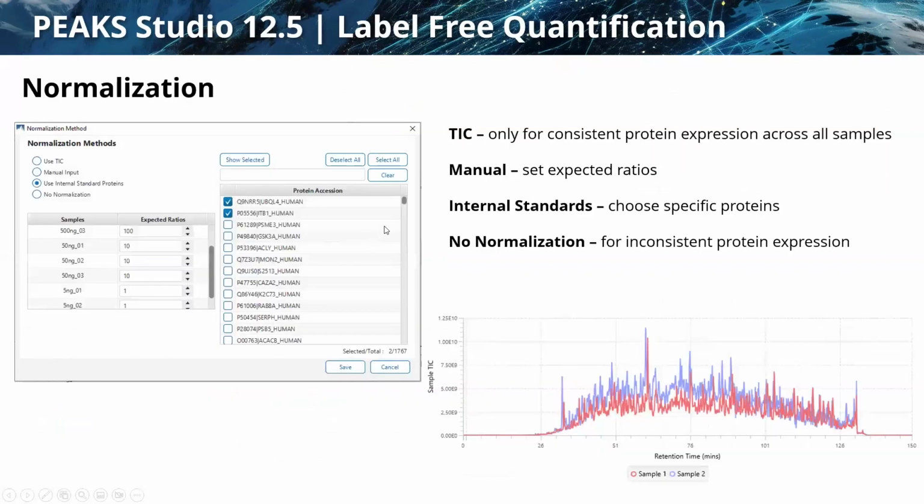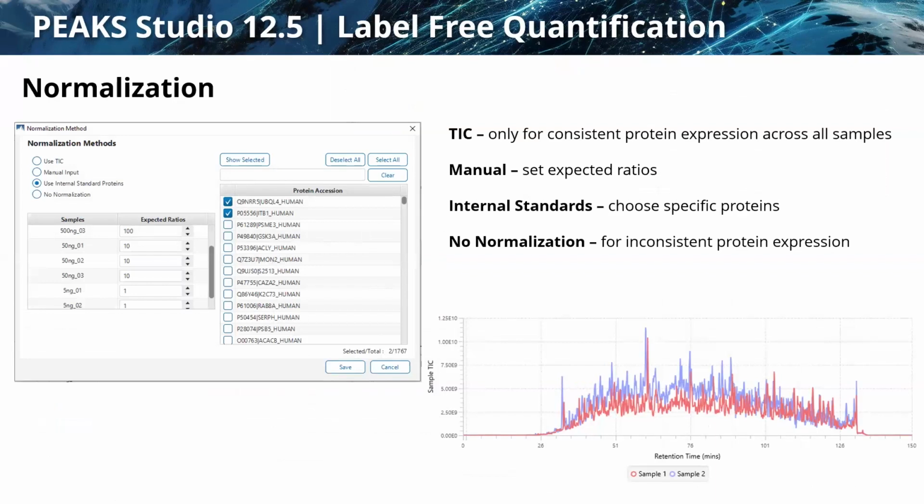And then the last thing I want to touch on before we wrap it up is normalization methods, because it is important that you select the correct normalization method when doing LFQ. So TIC normalization is really only if you have consistent protein expression across all of the samples.